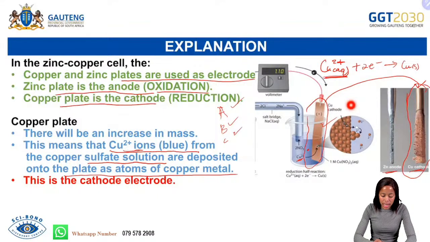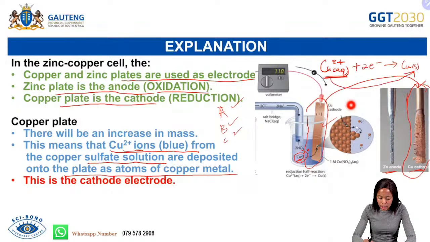It says from the copper sulfate solution. So the Cu2+ ions from the electrolyte are deposited, or they are going to move toward the copper metal. So Cu2+ will move to Cu solid.